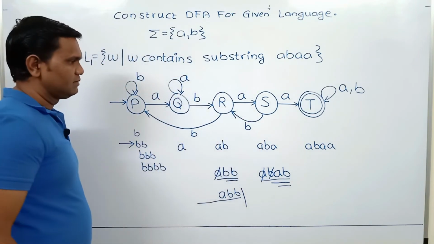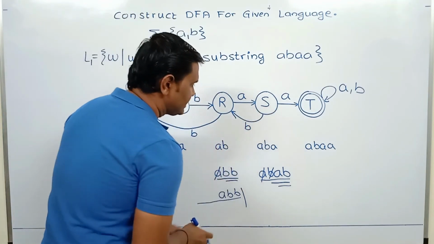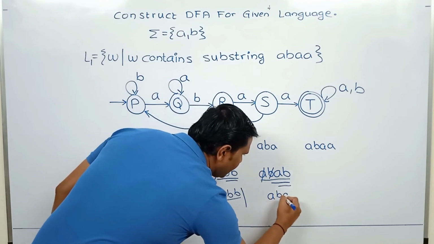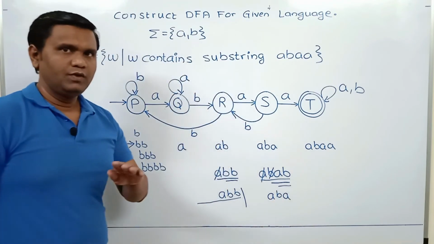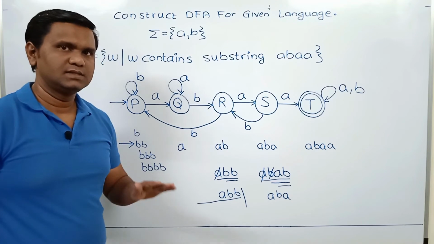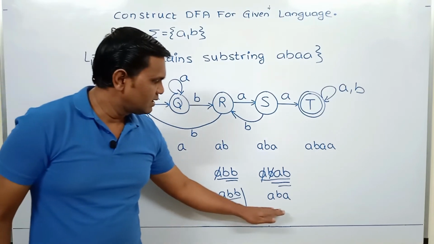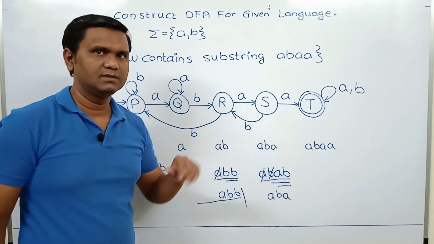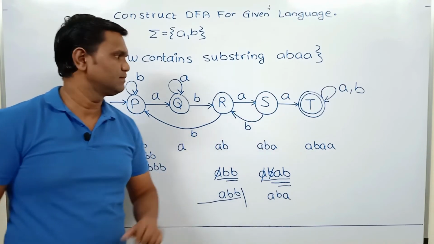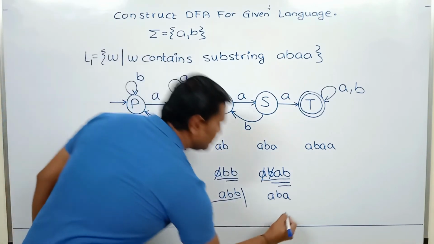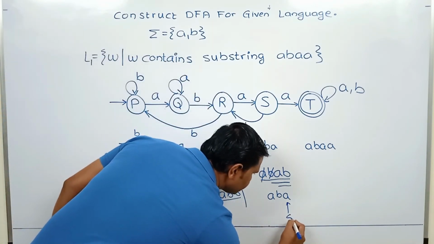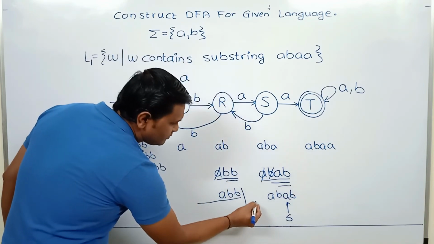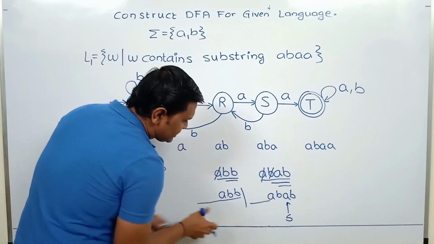Now what does this mean? The significance of state S is that the last three symbols are ABA. We have calculated transitions such that if the last three symbols are ABA, the DFA will surely come to state S. That is how we have calculated the transitions. So the DFA is in state S. Now B comes.